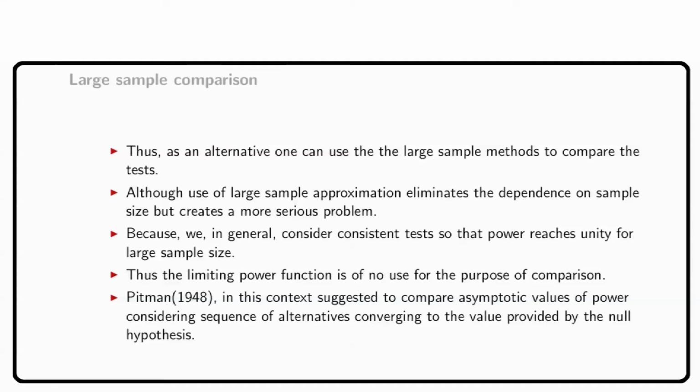Pitman in the year 1948, in this context, suggested to compare the asymptotic value of power considering a sequence of alternatives converging to the value provided by the null hypothesis. An appropriate choice of the sequence of alternatives enables a clear comparison.